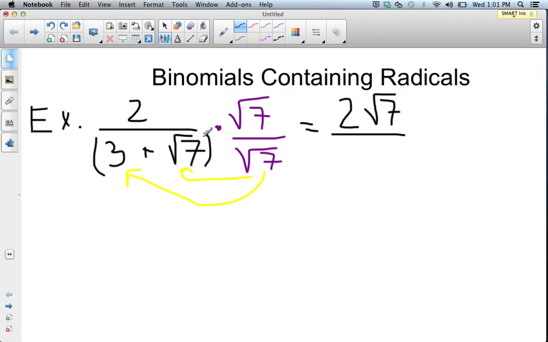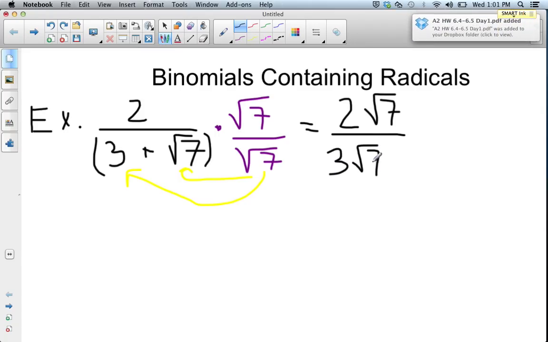Well, what's 3 times square root 7? 3 square root 7. Our other term here, square root 7 times square root 7, well, that just cancels out the radical and it becomes just 7. So 3 square root 7 plus 7.